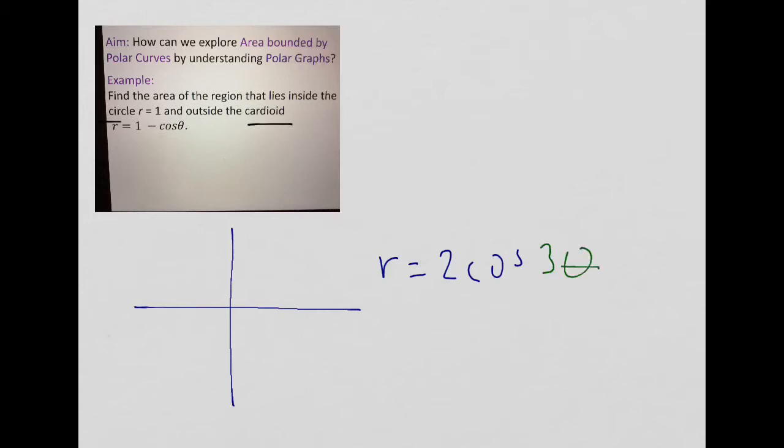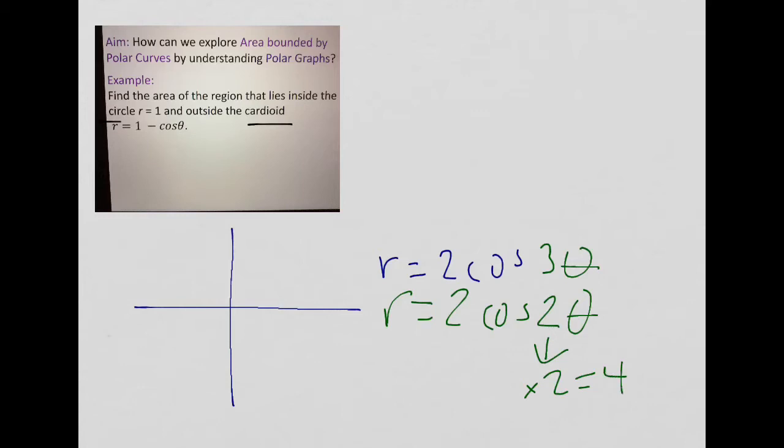That's going to be a rose curve with 3 petals. And you can have 4 petals, and if it's 4 petals, it would be 2 theta. You just multiply the n value by 2 when it's even, and that's why you would get 4.